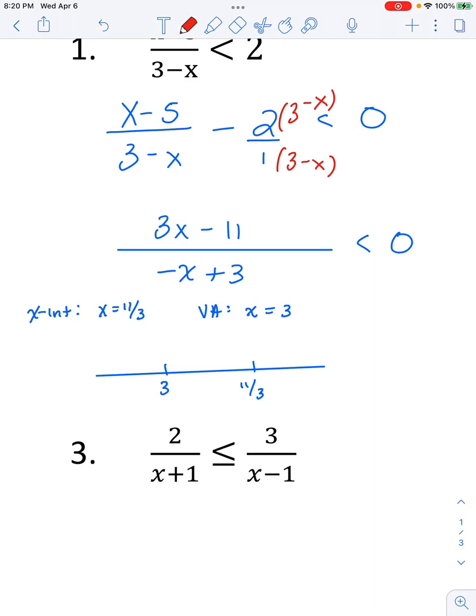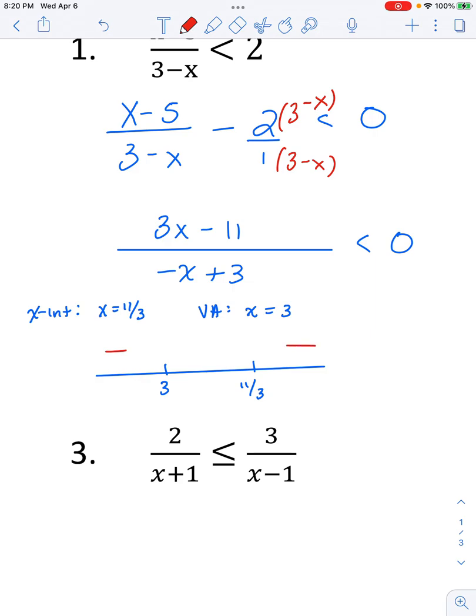Now looking at this, for end behavior I look at the degrees. And the degrees are the same, 3x over negative x, each the first degree. When the degrees are the same, we identify a horizontal asymptote, which would be dividing these two, so negative 3. So my end behavior is negative 3 on both ends, and negative 3 is negative.